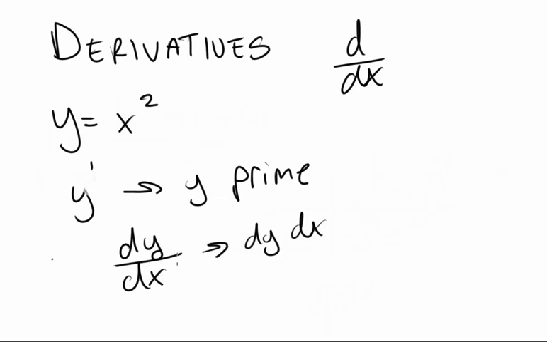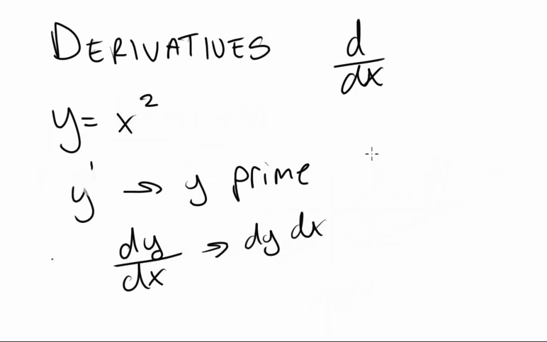It's not really division. It kind of is, but we don't really treat it like division. Later on you kind of do with integrals, but it's not really division. So you can say dy dx, or you can say the derivative of y with respect to x. And it is important which one's on top and which one's on the bottom.